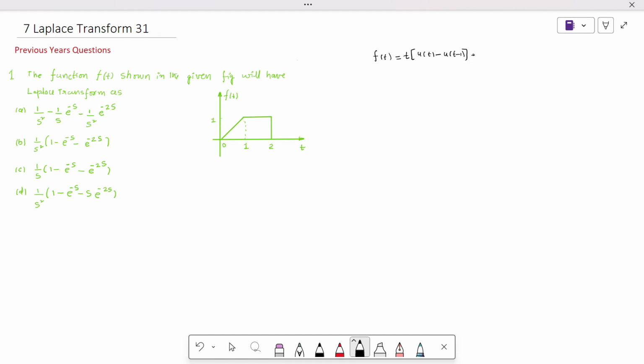For that it is u of t minus 1 minus u of t minus 2. So this one is t into u of t minus u of t minus 1. This is the case.